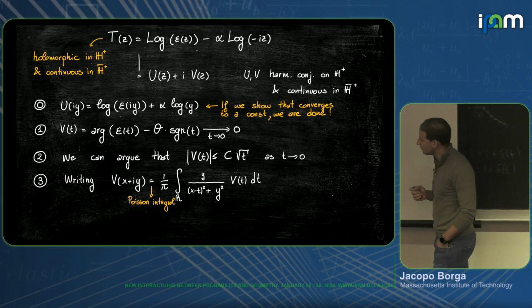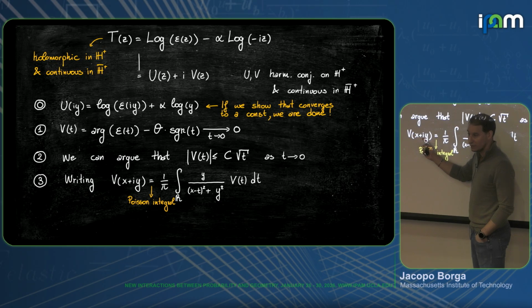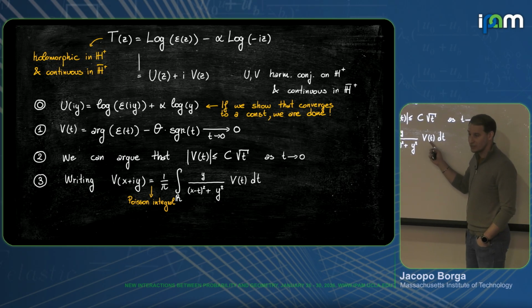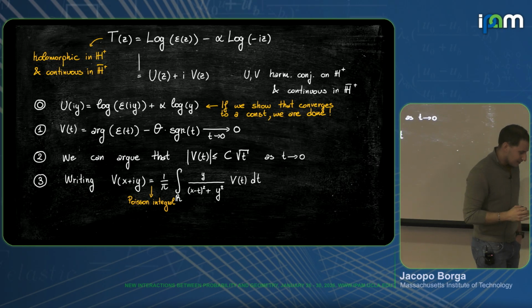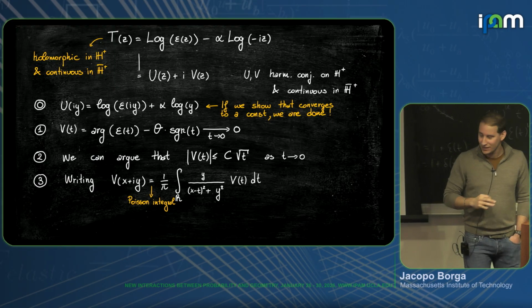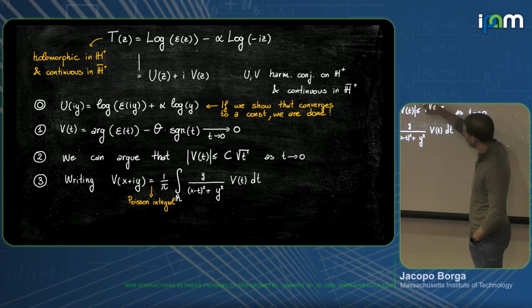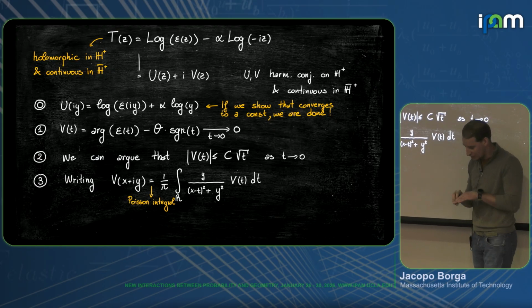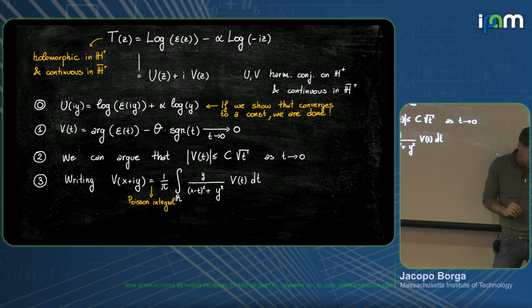And the reason is that we're going to write v of z using the Poisson integral as an integral that depends only on the boundary values v(t). It's not exactly immediate, because we have only an understanding of v(t) close to 0, instead of an understanding of v(t) along all the boundary. So you have to be a bit careful when you do these Poisson integral techniques.